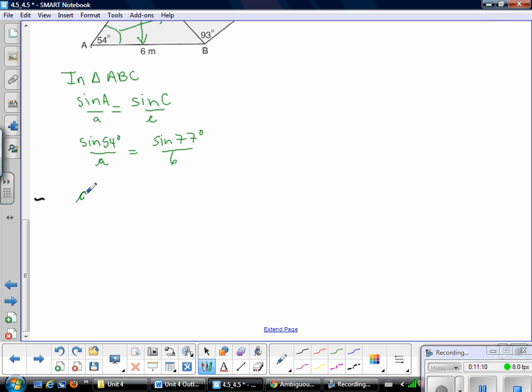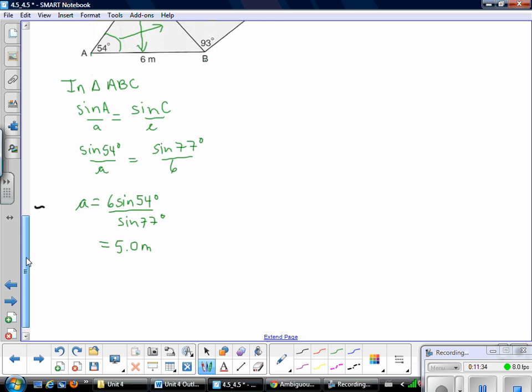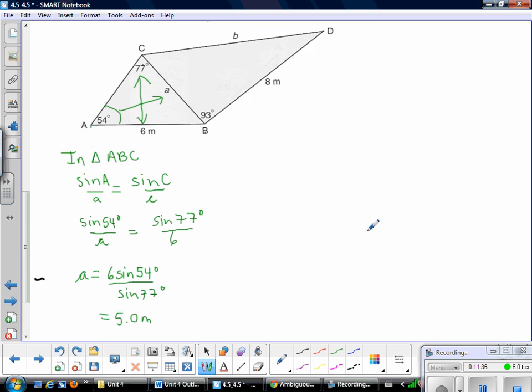So A is going to equal 6 times the sine of 54 divided by the sine of 77. When we do that, we end up with approximately 5.0 meters. So we have found side length A, and we're going to put that into our diagram so that we know that we have that.